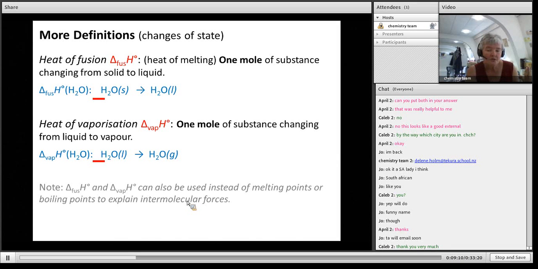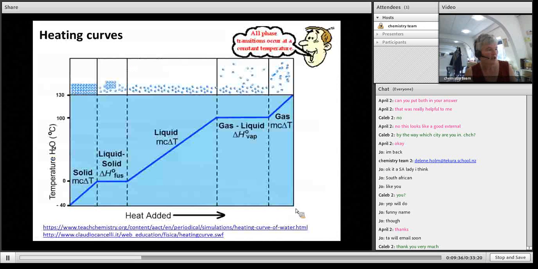I could do exactly that same question, but I could give you the delta H vap. So I could give you the delta H vap of methane is this, and the delta H vap of water is that, and you would have to then say methane has only got temporary dipole forces of attraction, whereas water has got temporary dipole forces of attraction, permanent dipole forces of attraction, and polar and hydrogen bonding, and you could explain why and so on, and then the strengths.